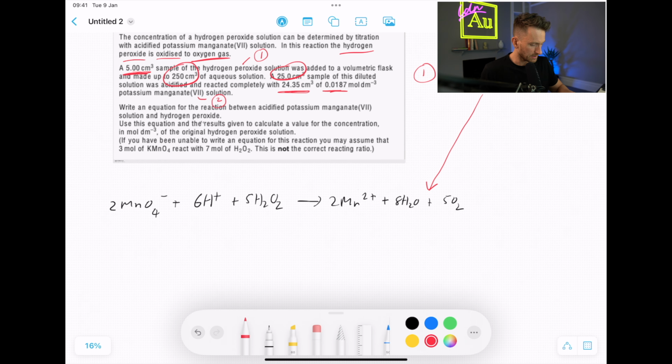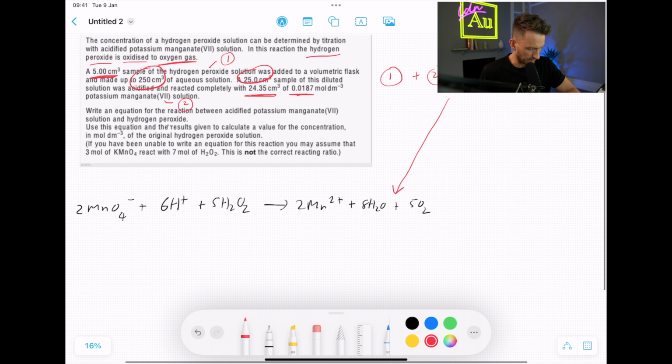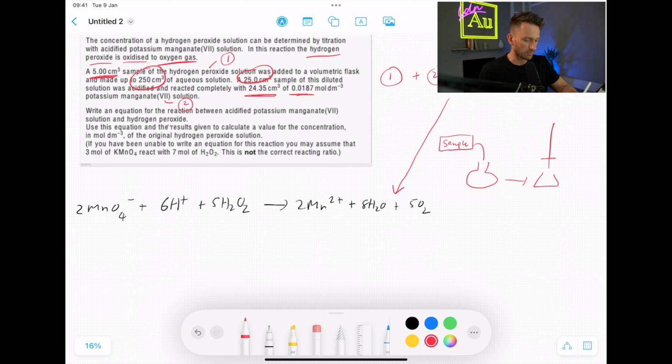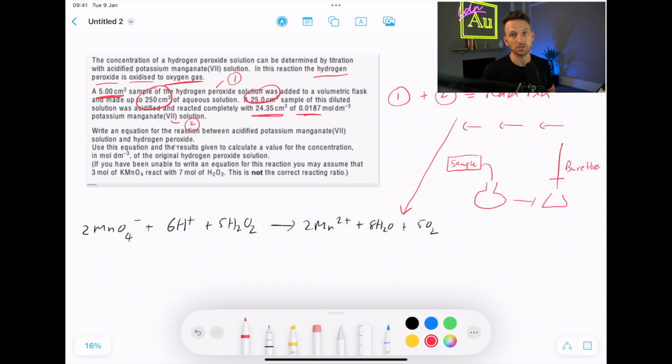In the template, if I just do a quick drawing of it here, the sample starts there, it's put into a standard solution there, then it goes to the conical flask, and there's the burette. And I said that we work backwards from the burette to the beginning to work out, in this case, the concentration of the hydrogen peroxide.